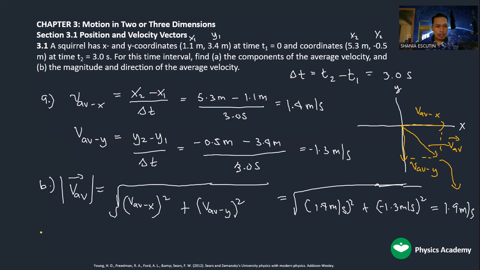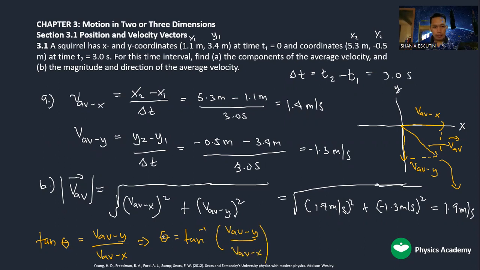For the direction, the tangent of angle theta is equal to opposite over adjacent, which is V average along y over V average along x. This implies that theta is equal to the tangent inverse of V average along y over V average along x.